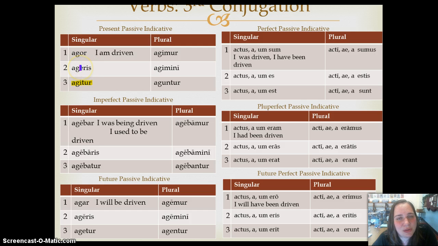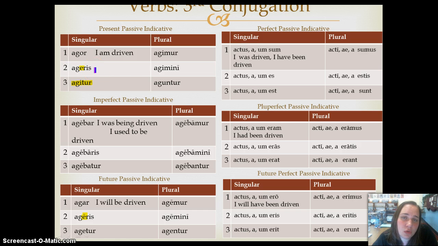The only thing that you need to be careful with for a third conjugation present passive indicative is the second person singular. This is an e without the macron. That is so important because the only difference between the second person singular present passive indicative for the third conjugation and the second person singular future passive indicative is that macron. So this is a very important macron.